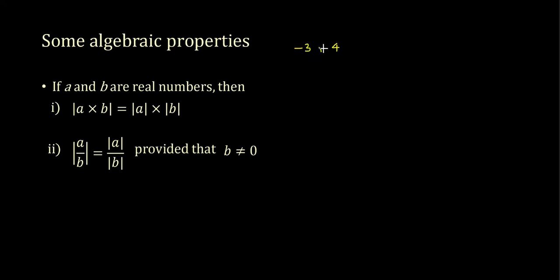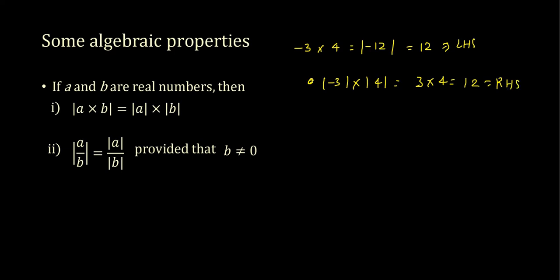You multiply -3 and 4, which is -12, and take the modulus sign, so the answer is +12. So this is your LHS. If I have to find the value of RHS, modulus of -3 is 3 into 4, which is 12, which is equal to LHS, hence verified.